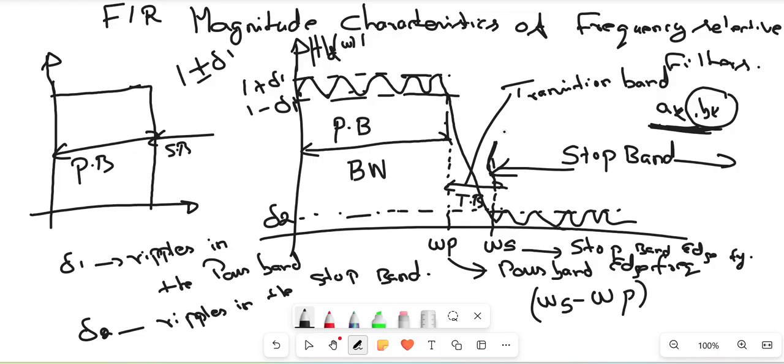So, this is the basic magnitude characteristics of frequency selective filters.